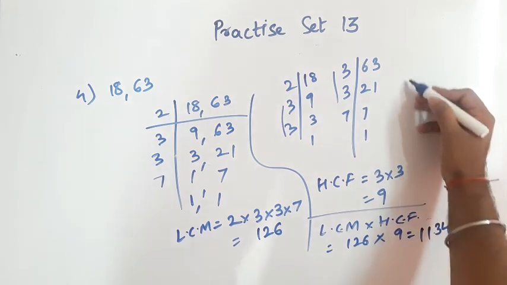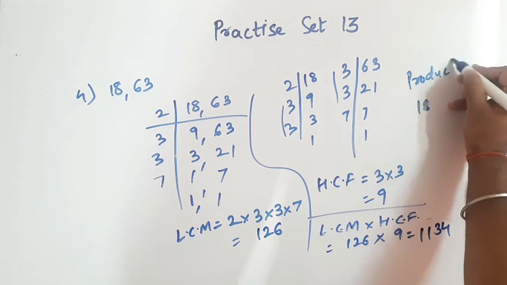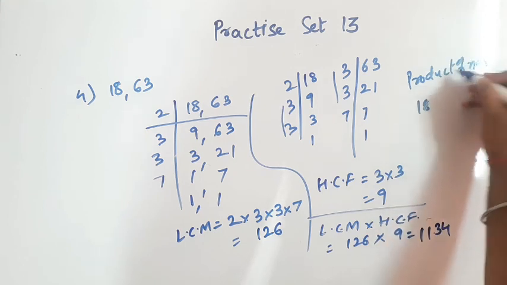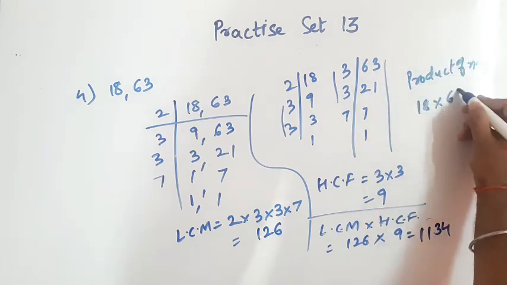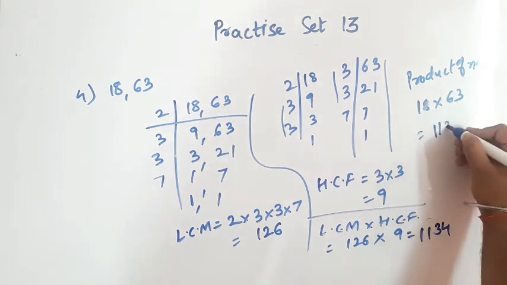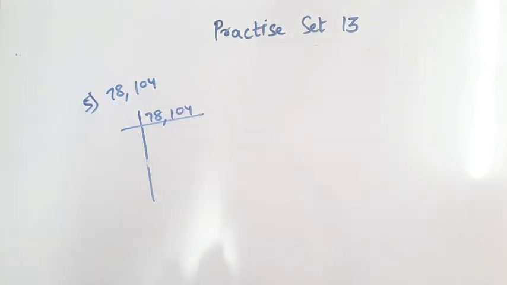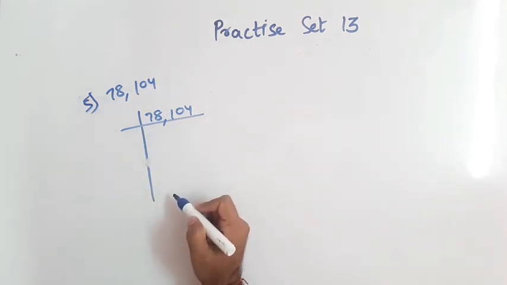And if I multiply the product of the numbers, so I'll get 18 into 63. And if you multiply this, you will get again 1134. Which is same. Then okay, so now we have the last one, 78 and 104.